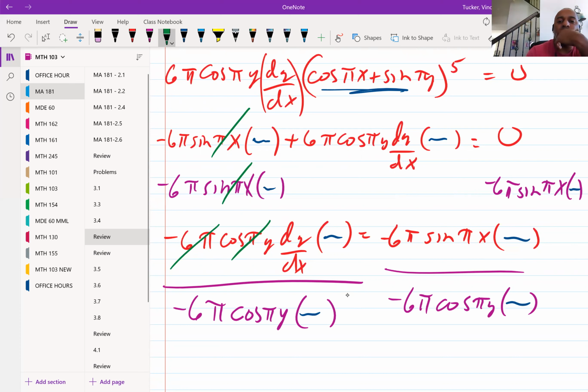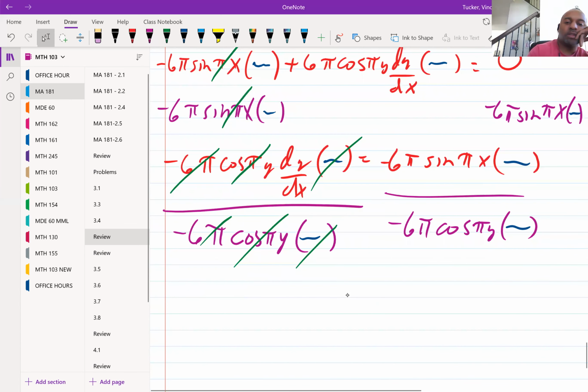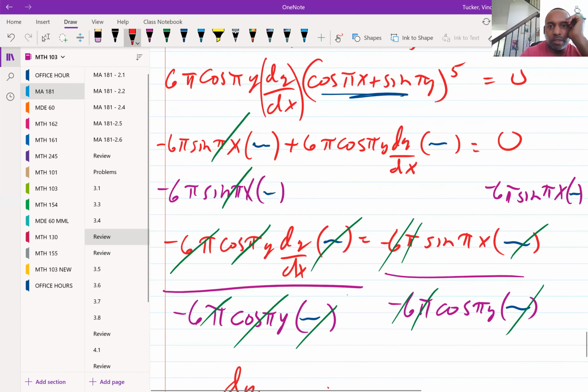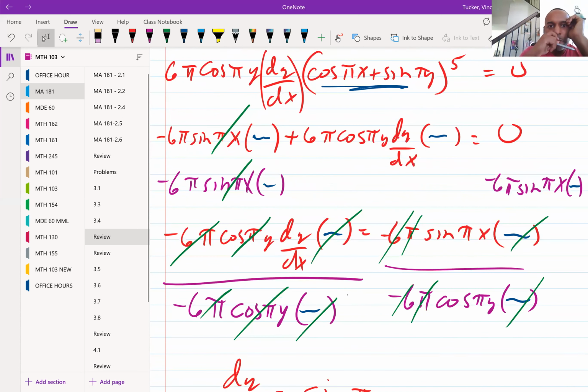So this cancels. That leaves me with dy/dx. And then the 6 pi's cancel. This quantity cancels as well. And that leaves me with sine pi. Hold on. Make sure I didn't lose a minus sign. Yep. Okay. So I should have added something, my mind triggered.